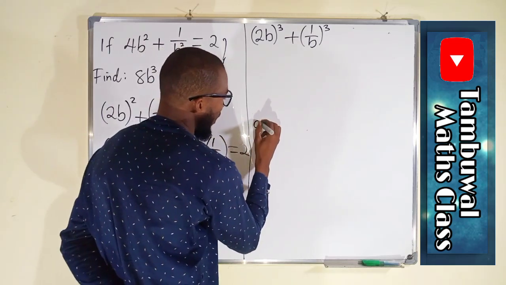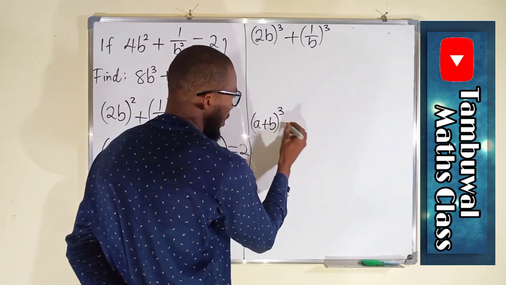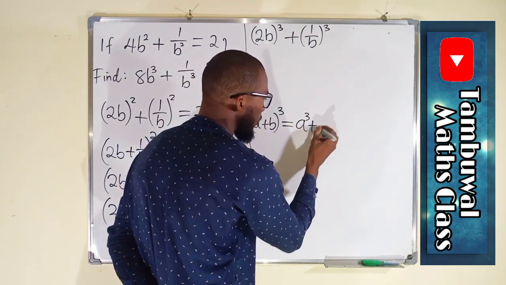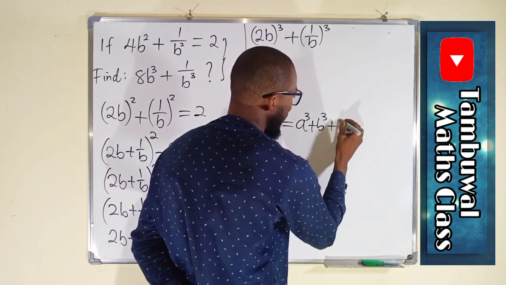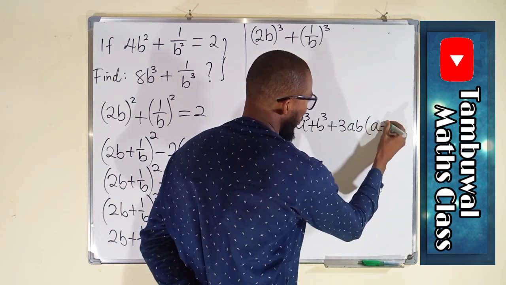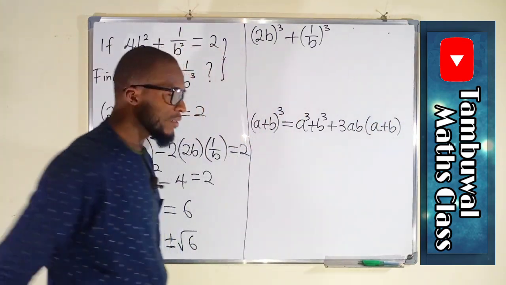If we have a plus b to the third power, this can be written as a to the third power plus b to the third power, then plus 3ab multiplied by a plus b. If you expand this, you must get this.